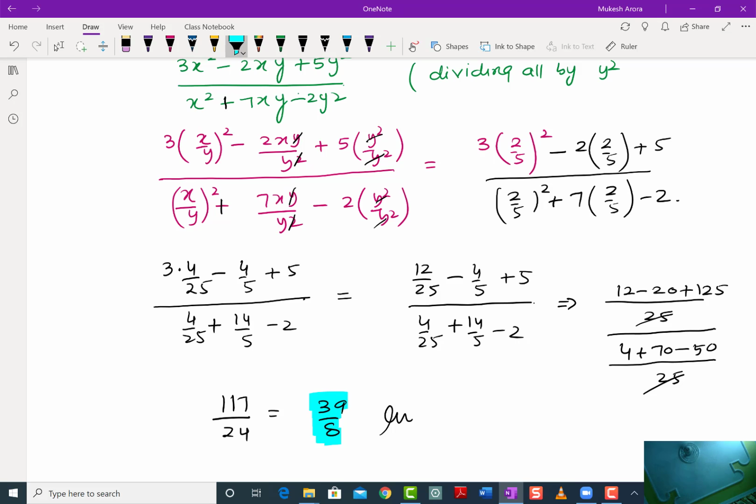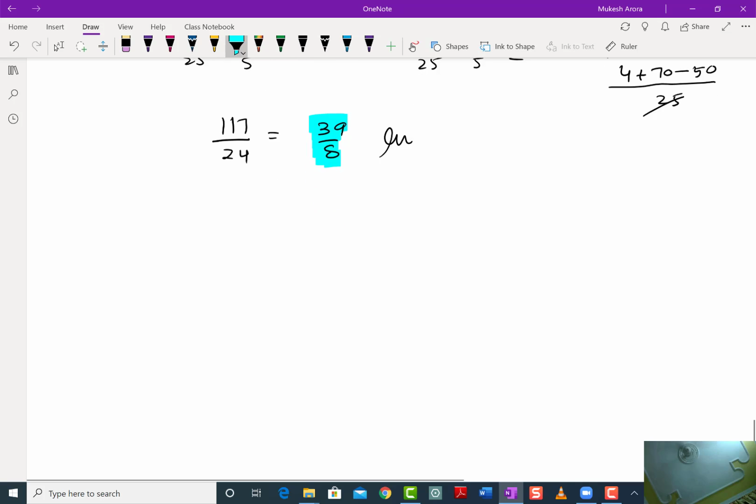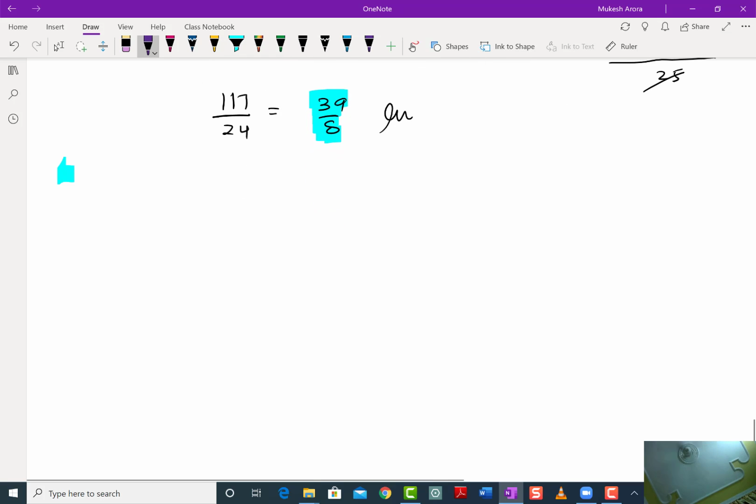So now again, question number 4. Question number 4 is, if 2x square minus 5y square ratio xy is equal to 1:3, find x ratio y.